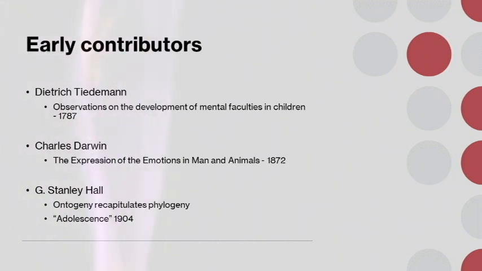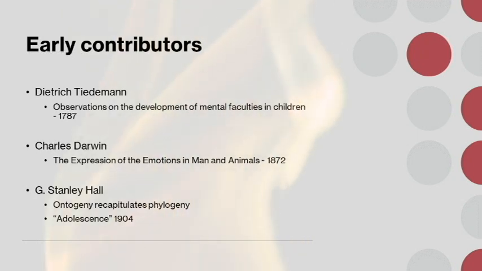Three main ones that I want to talk about are Dietrich Tiedemann, Charles Darwin, and G. Stanley Hall. Now, Dietrich Tiedemann was a German researcher who conducted pioneering research on child development in the late 18th and early 19th centuries. He was best known for his work called The Observations on the Development of the Mental Faculties of Children, which was published in 1787, which focused on the sensory and cognitive development of infants.